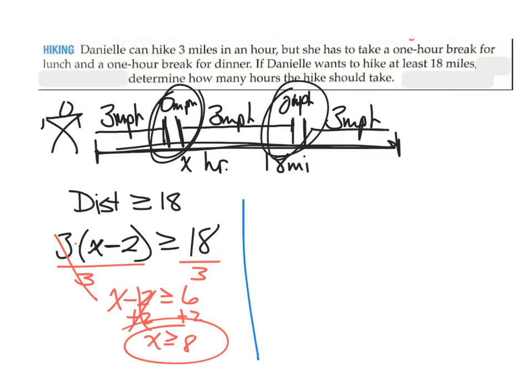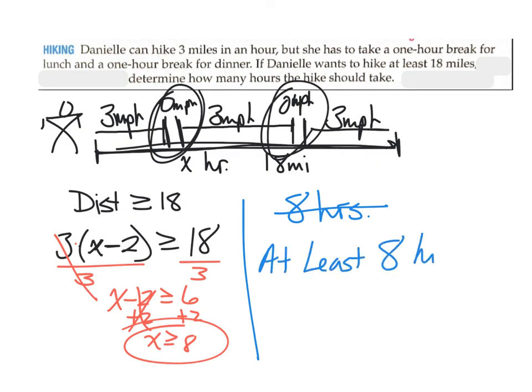Determine how many hours the hike should take. We could say 8 hours. Okay? But that's if she was to go exactly 18 miles. She's going at least 18 miles. So instead of answering with 8 hours, maybe say, how many hours would the hike take? It would take at least 8 hours. And that's a good answer to this word problem.